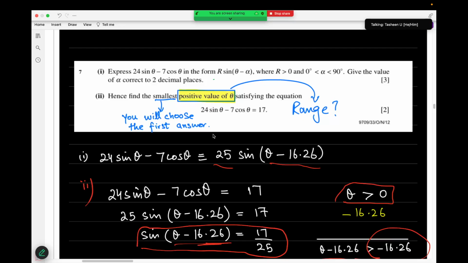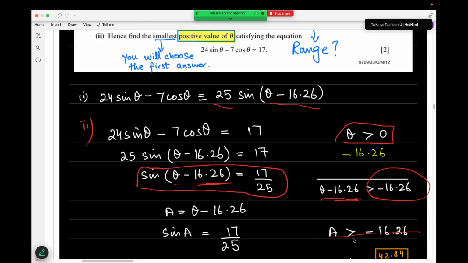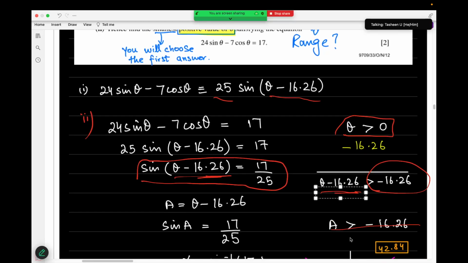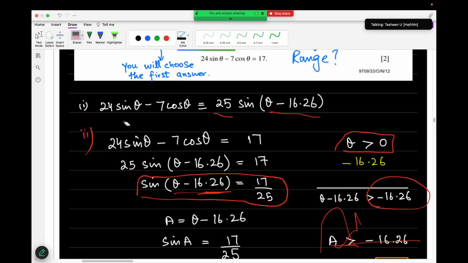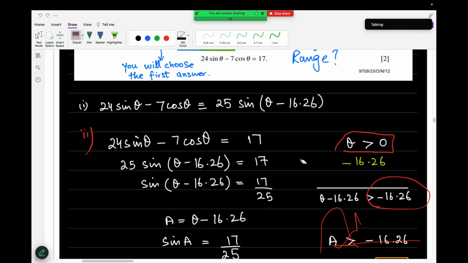Now here's the thing. We have theta minus 16. Here is theta, so you have to change it to theta minus 16. So your range actually becomes greater than negative 1.6. Understand? Not greater than 0.